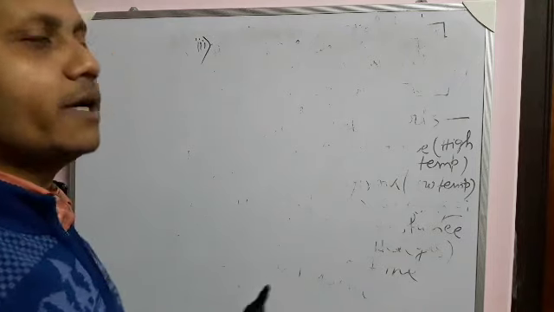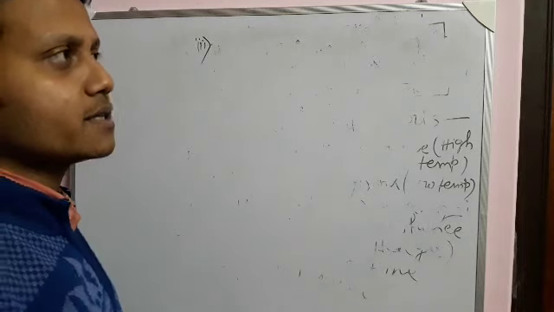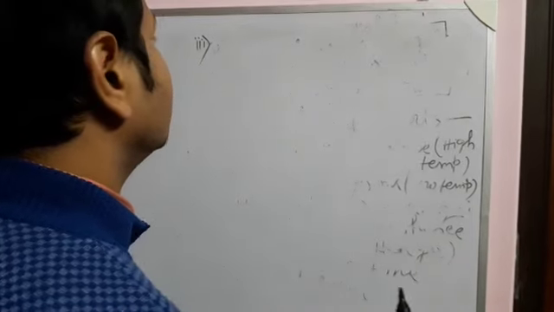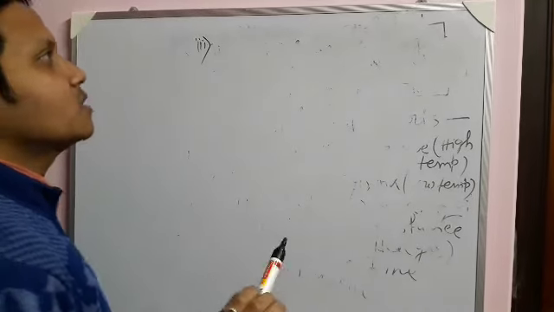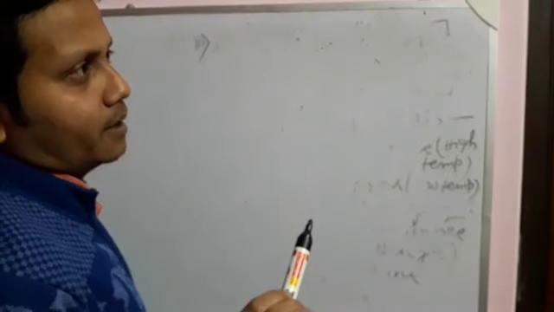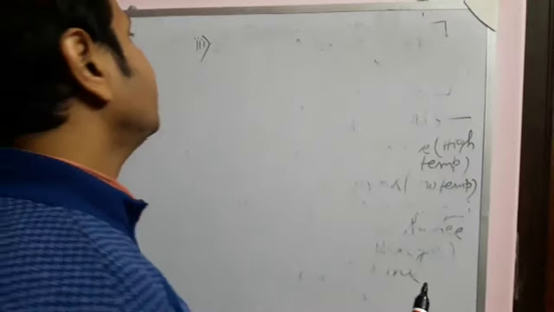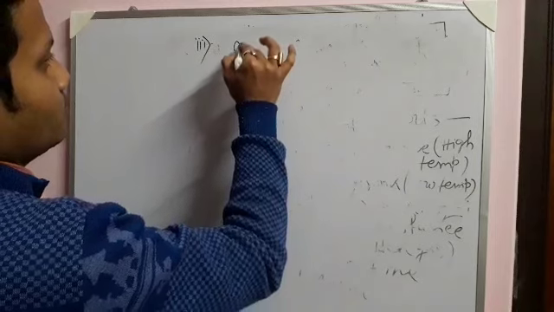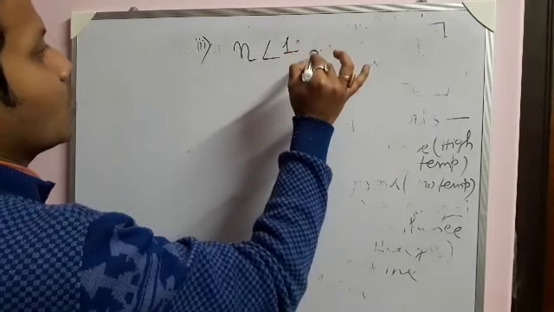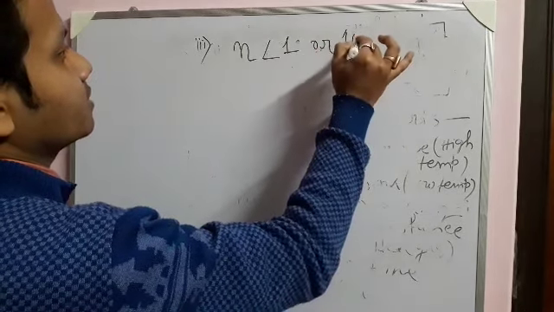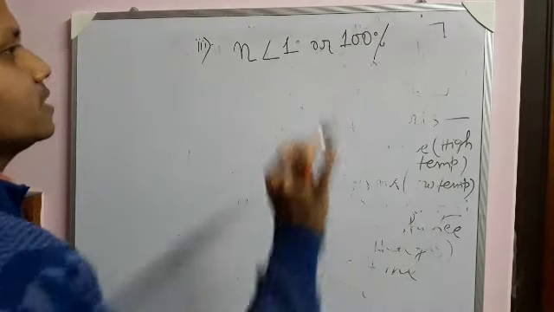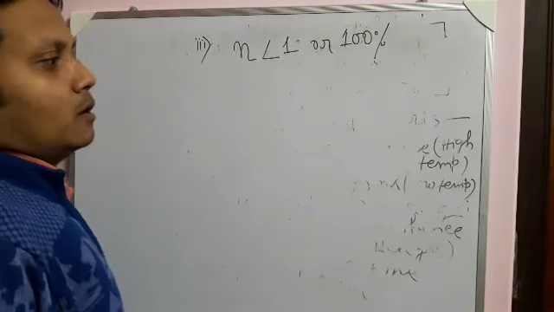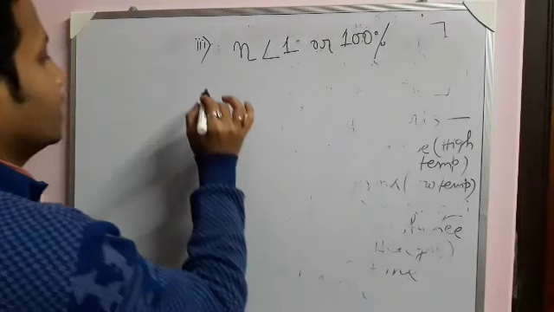Since there is no perfect engine, a practical engine's efficiency will always be less than 1 or 100%. But the concept of the ideal engine is purely theoretical, remember it.